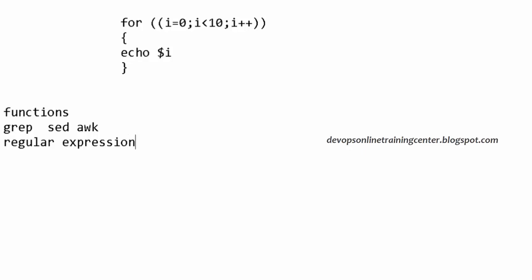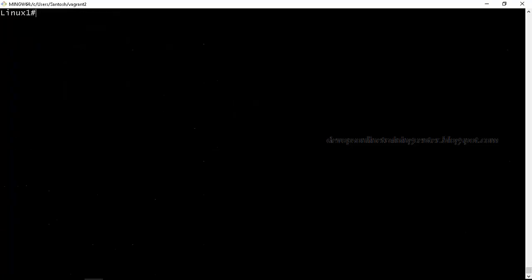How to overwrite a file, date and time in Linux. Overwrite, you mean how to change the date of a file? Okay, so basically let's say something like this, right? Yeah, touch.